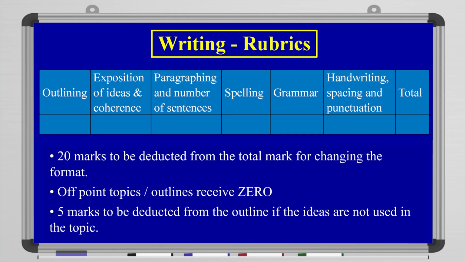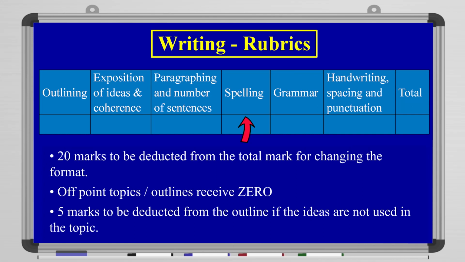Remember, when writing the essay, we have certain rubrics to grade you. We will look at the outline, the exposition of ideas, and coherence. The ideas should be coherent. Paragraphing, a number of sentences, is important. If your essay was perfect but had 3 paragraphs, you will lose some grades.